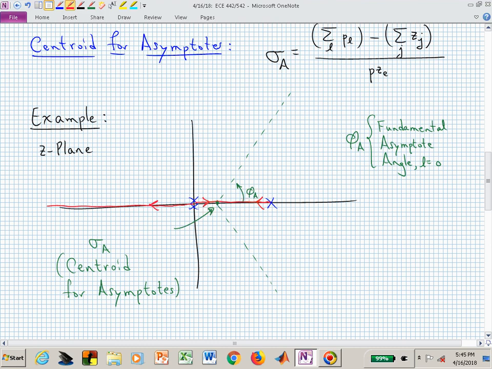So we have to have a breakaway point between those two values, and the breakaway is not necessarily at the centroid. But we could calculate the breakaway point based on the maximum value of k between the origin and that rightmost pole. And in this case, that breakaway point is probably going to be here somewhere, and this is going to go up and approach the asymptote.